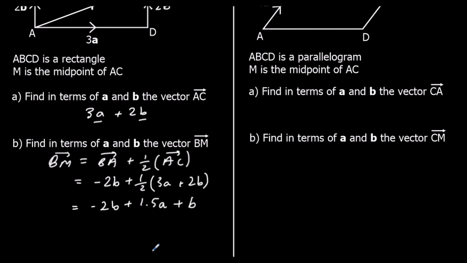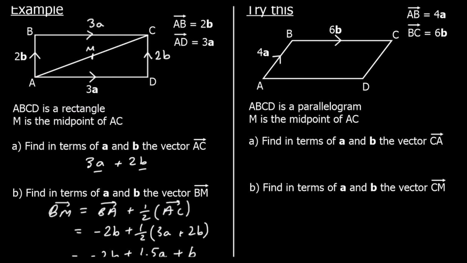So collecting my like terms, I've got 1.5a's and I've got minus 2b plus 1b, which would be minus 1b. So I've got 1.5a minus b.